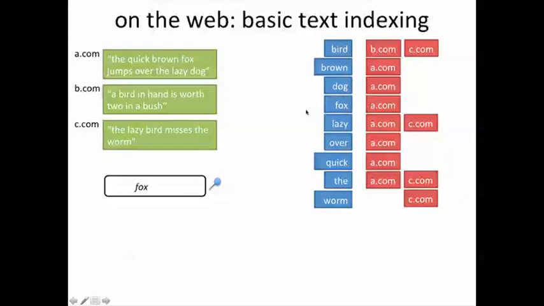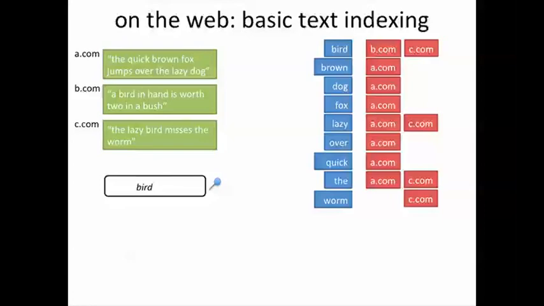On the other hand, when we type in the query the bird, we get two documents, A.com and C.com, from the, and we get two more documents, B.com and C.com, from bird. Taking the union of these two lists, we get the results which are all three documents. However, if we type in a query bird alone, then we only get two documents, B.com and C.com. A very simple idea, but fundamental to how the web works.